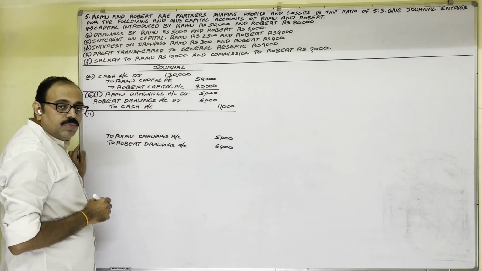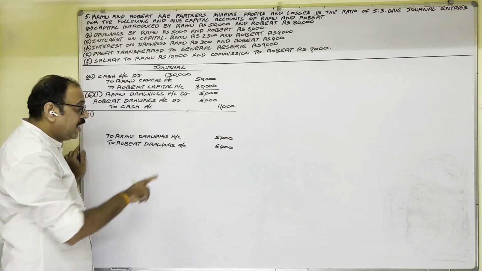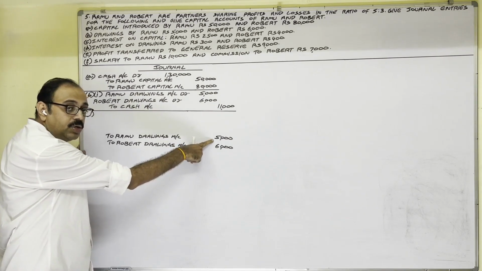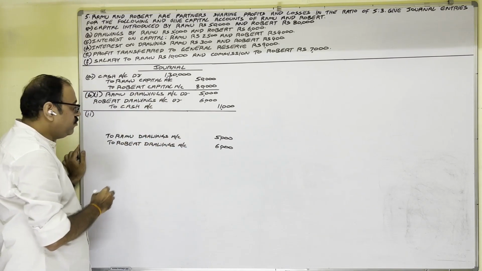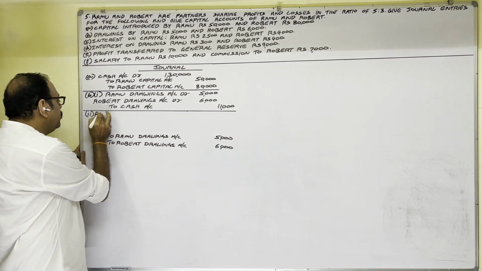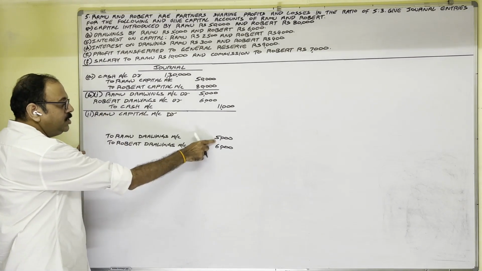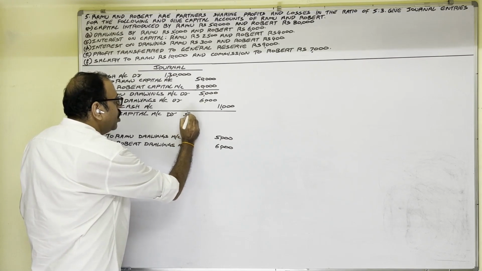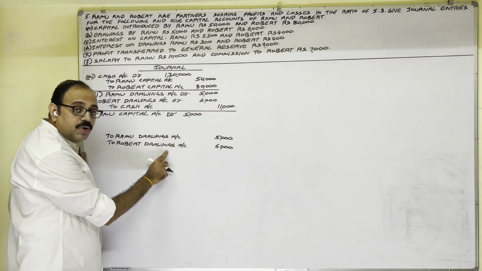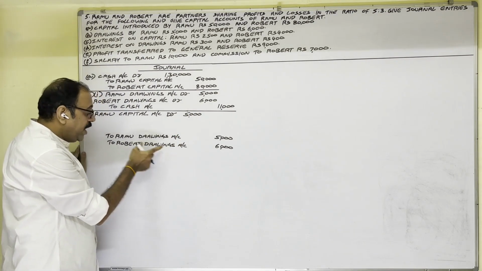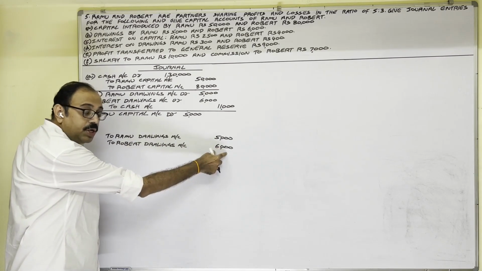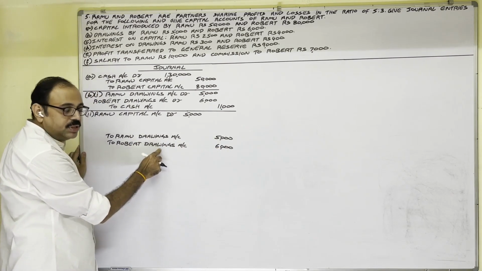Ramu's drawings account, how should we close? By transferring the balance to Ramu's capital. Therefore, Ramu capital we should debit, amount 5000 in the debit column. Robert drawings account, how should we close? By transferring this 6000 to Robert capital account.